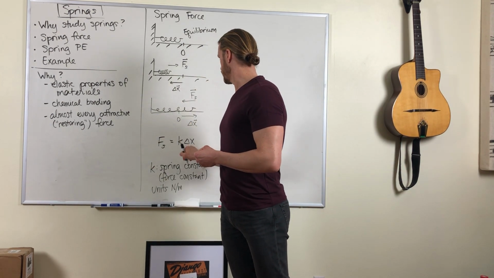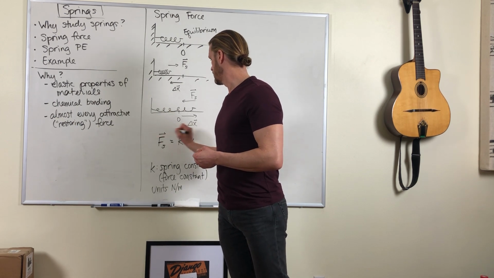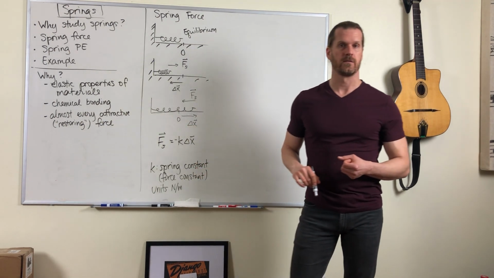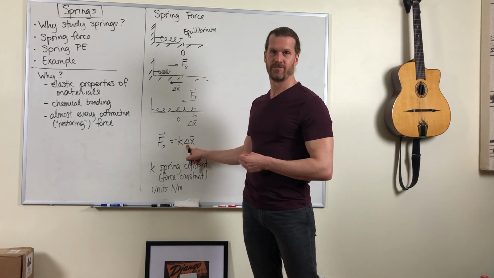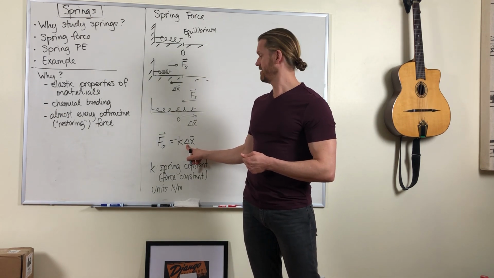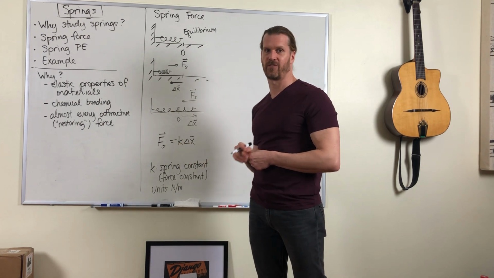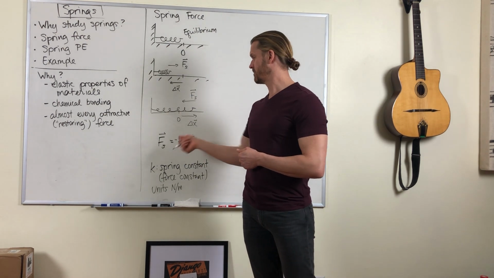So we can summarize that behavior just by putting a minus sign. If you stretch the spring to the right, the spring force tries to pull to the left, hence the minus sign. If you compress the spring to the left, the spring force tries to push you back to the right.